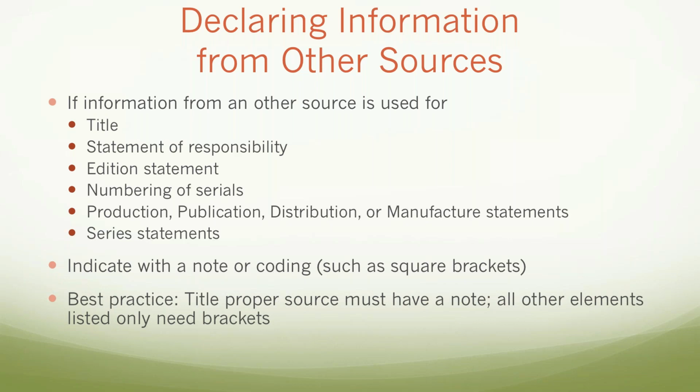You will instead have a note that says where the title came from. For all other information, the statement of responsibility, edition, numbering, etc., if it comes from outside the resource itself, the only thing you need to do is put it into square brackets. You do not need to declare where you took that information from.